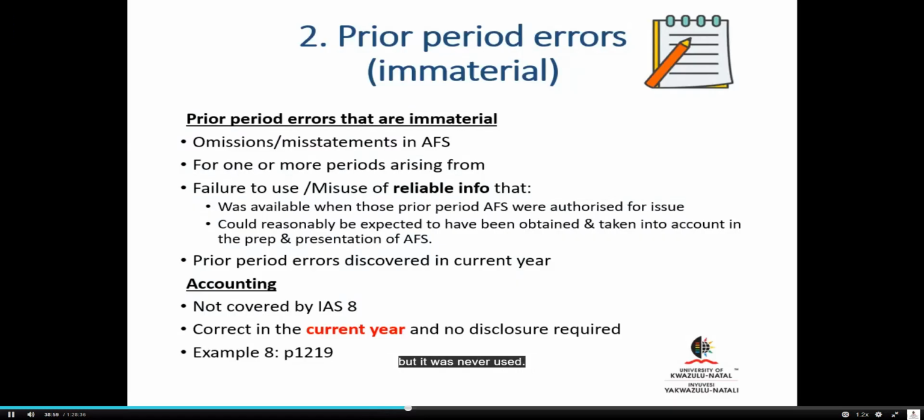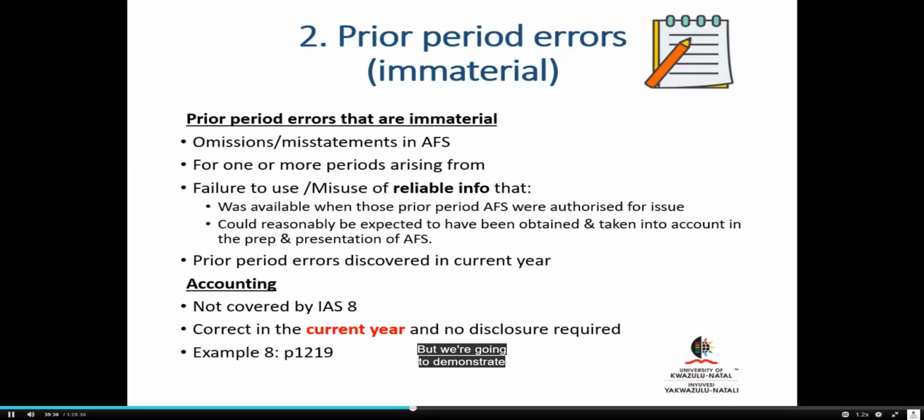But now, the prior period error, if it is immaterial, must be accounted for in the current year. So first of all, this prior period error is discovered in the current year, but it relates to the prior period. So this is not covered by IAS 8, but we're going to demonstrate how it is accounted for.